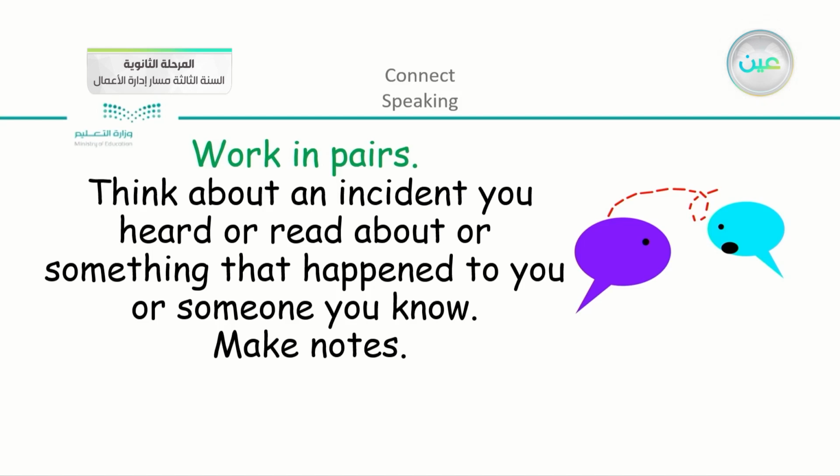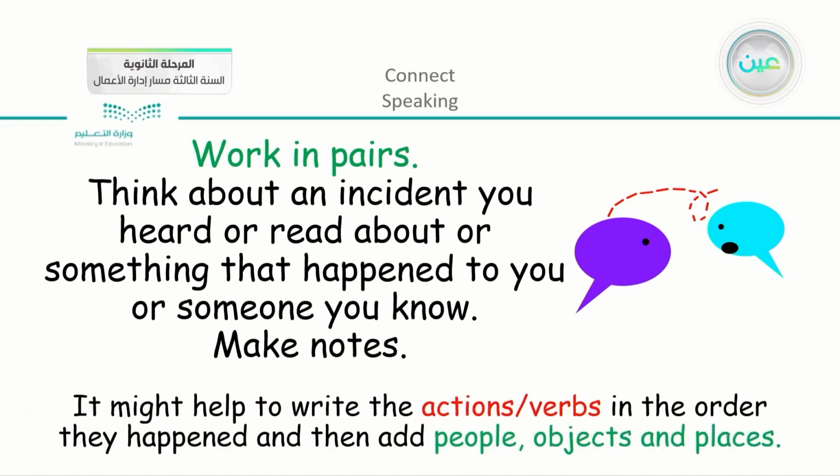We had a very realistic incident. Of course, you can have the same thing happening to you or something similar. We said that it might help to write the action verbs in the order they happened, and then add people, objects, and places. So I gave you a chance to try.